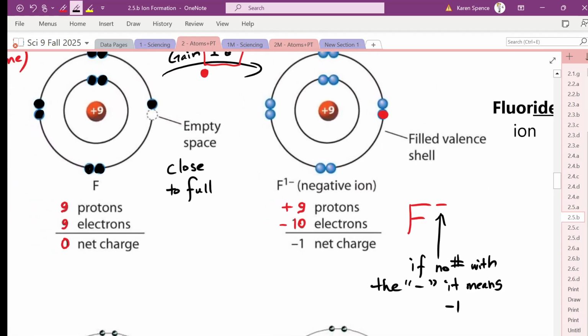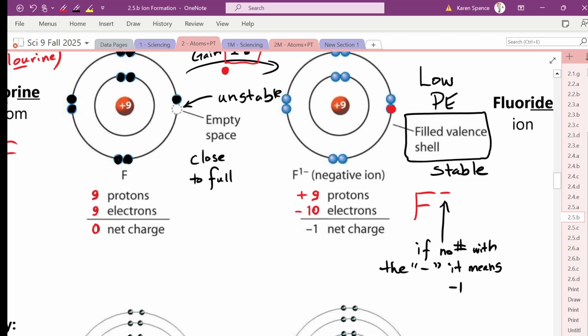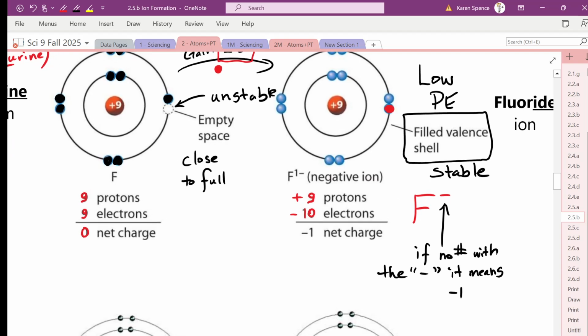So here we have an empty space. This is unstable. Here we have a filled valence shell. That is very stable. Is the filled valence shell high potential energy or low potential energy? Low potential energy. And now we have an F minus ion.